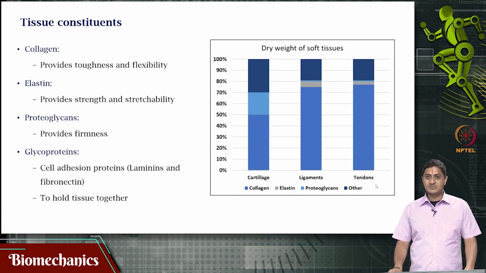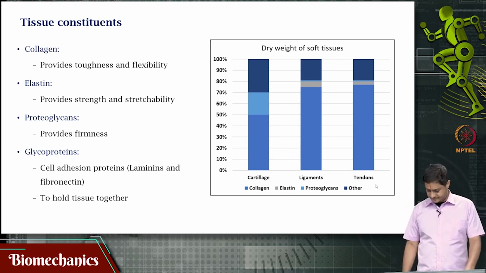Ligaments have about 60-70% collagen, maybe even more. Tendons also have a comparable amount of collagen, but as we will see in future slides, although the amount of collagen is similar between ligaments and tendons, it is the structure that differentiates the function. We will discuss that in a little bit.